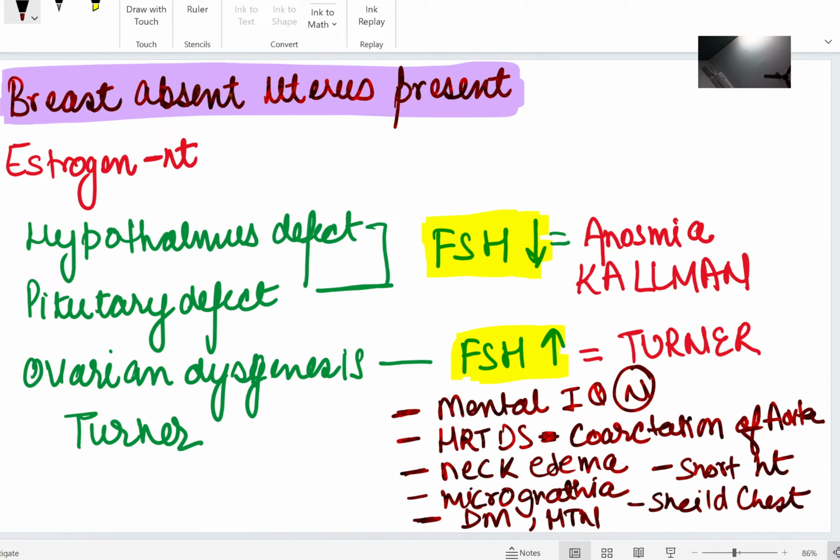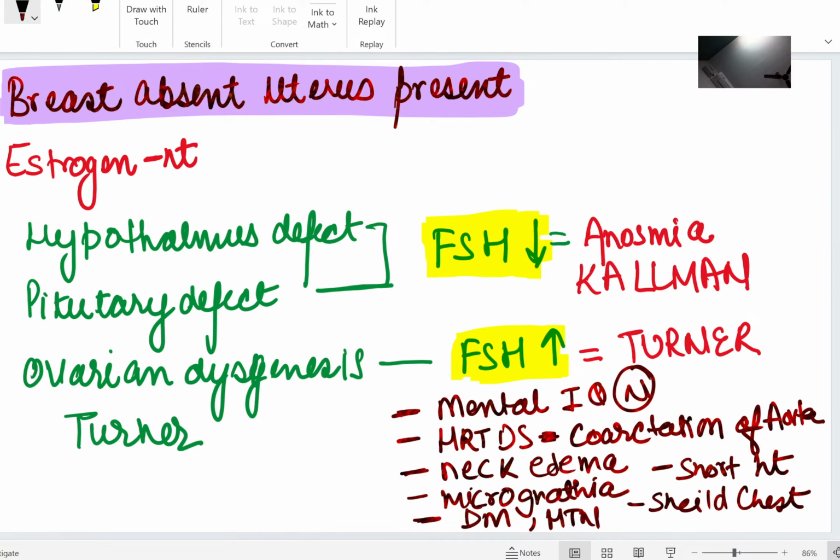Okay, so if there is hypothalamic pituitary failure, then FSH decreases, and it becomes the case of anosmia or Kallmann. So if the breast is absent, it means that estrogen is absent, right?